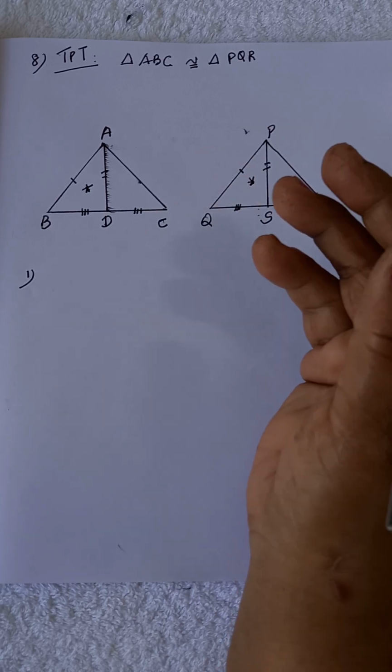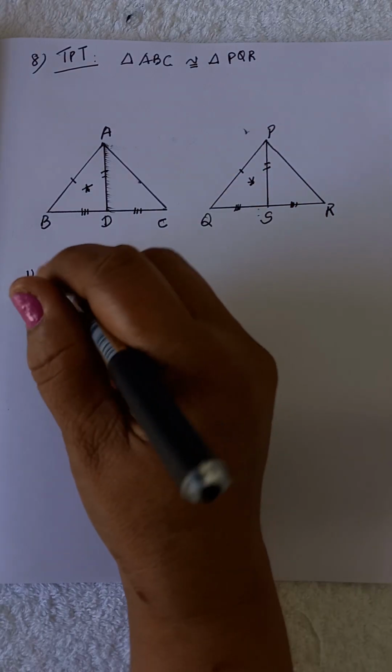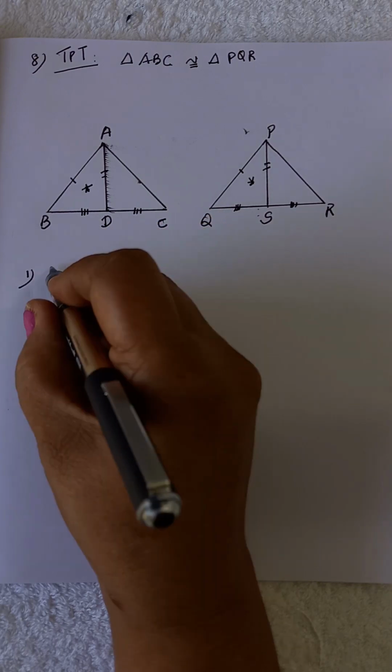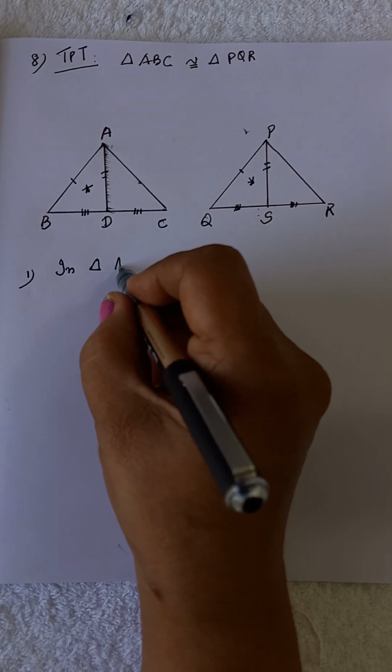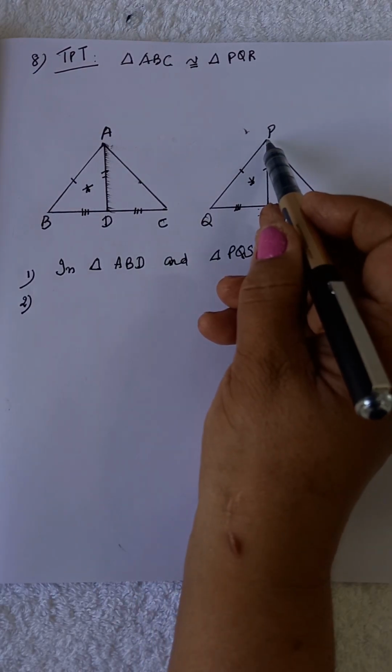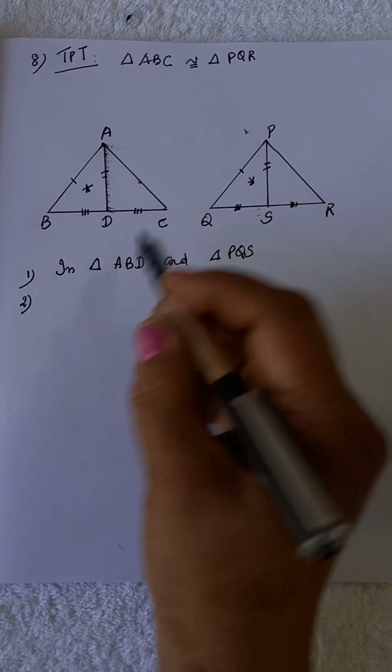So let us take the two triangles ABD and PQS. So first point, in triangle ABD and triangle PQS. Second point, AB is equal to PQ. Reason is given.